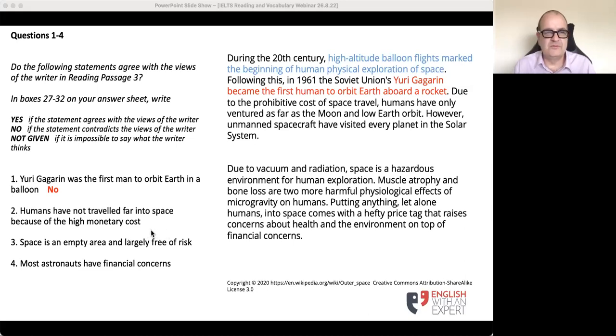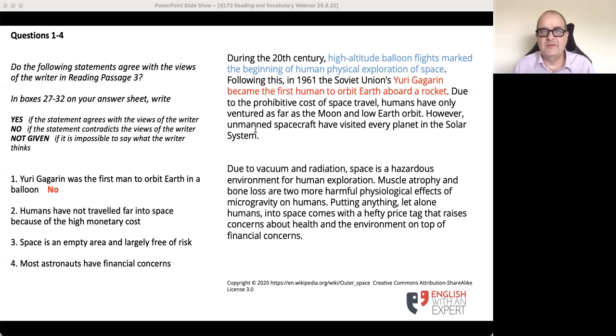Number two. What have you got for number two? Humans have not traveled far into space because of the high monetary cost. Lots of yeses, and you are all correct. But what was the parallel expression for high monetary cost in the reading?